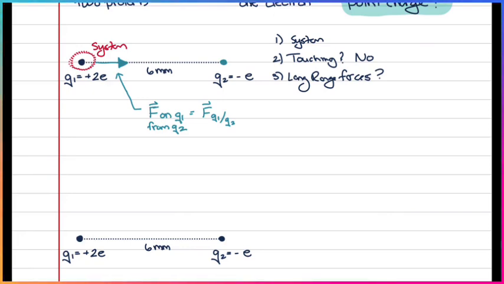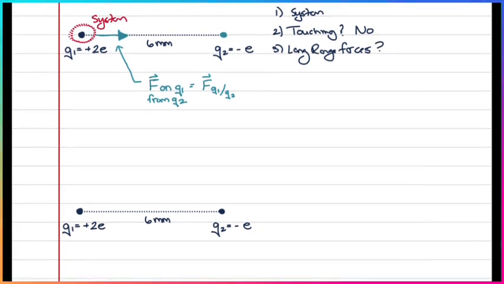All right, so then at this point I can write down Newton's second law. Newton's second law says that the sum of the forces on Q1, because that's my system, equals the mass of Q1 multiplied by the acceleration of Q1. I've said nothing about negative signs or anything like that, but it says the sum of the forces, that's a bunch of pluses, equals the mass of the system times the acceleration of the system.